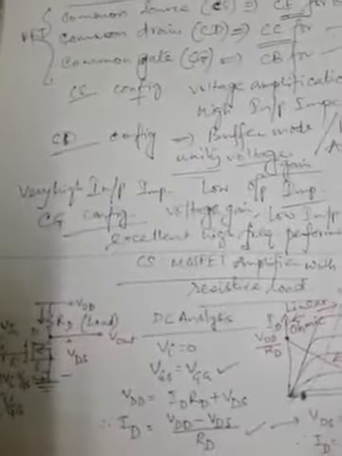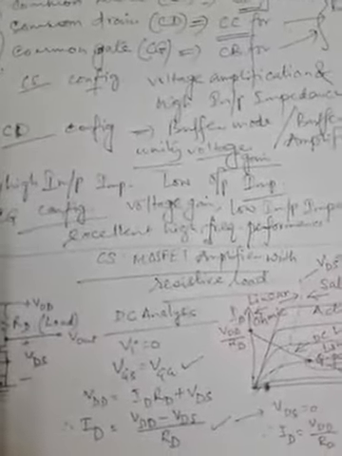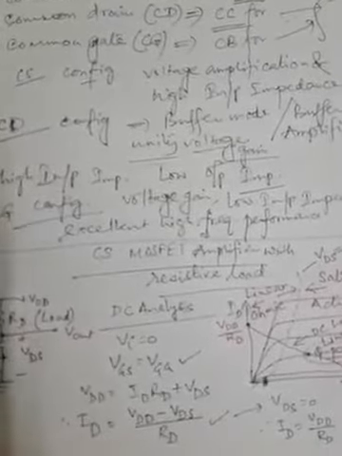Now if we consider from this characteristic curve and the DC load line, for any one value, suppose for VGS equal to VGS2, let us suppose this is the intersection of the VGS2 characteristic curve with the load line. This point, suppose, is considered as the Q point, and this should be the DC operating condition for this particular circuit. For the Q point, we should be finding two values.